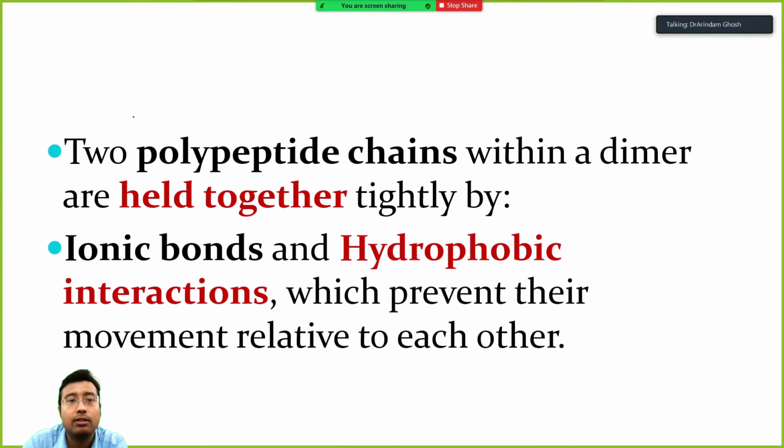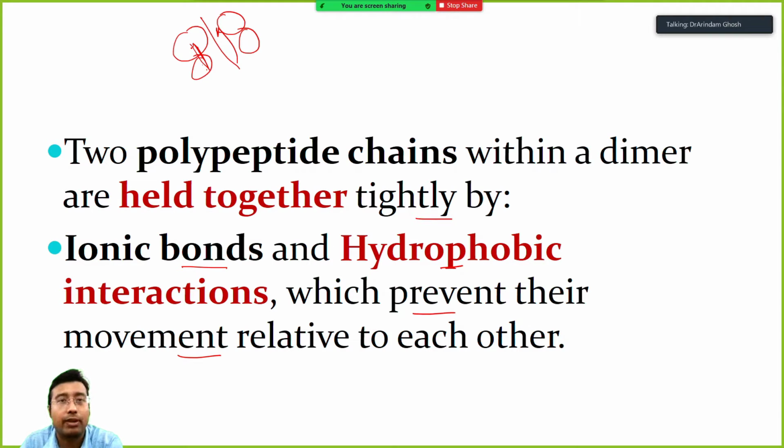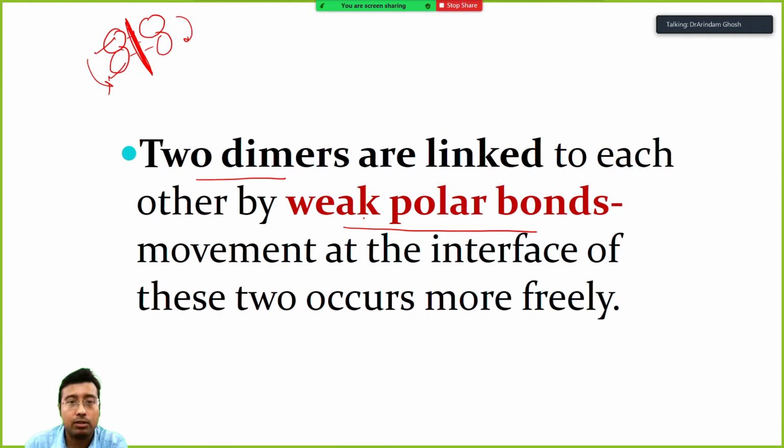These polypeptide chains are held together tightly by ionic bonds and hydrophobic interaction, which prevents their movement relative to each other. This alpha and beta cannot move. However, another alpha and beta can move with respect to this alpha and beta, but within this alpha and beta it is more or less fixed, because ionic bonds and hydrophobic interaction are much stronger compared to weak polar bonds.